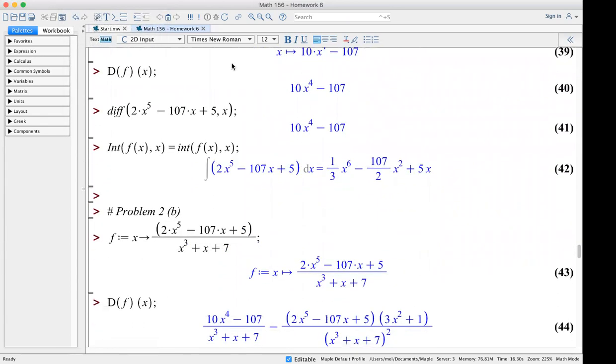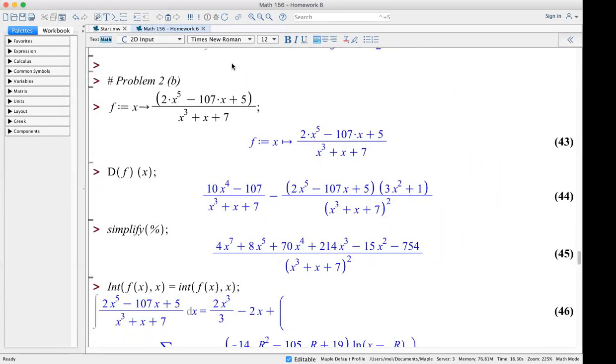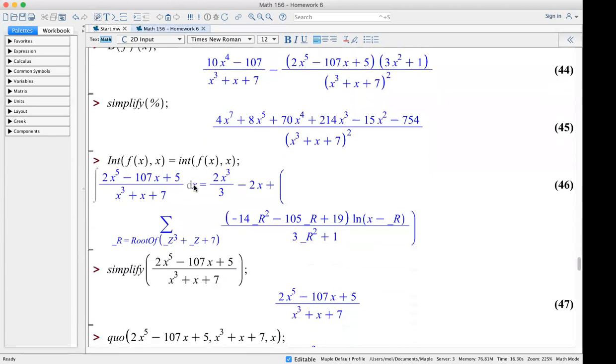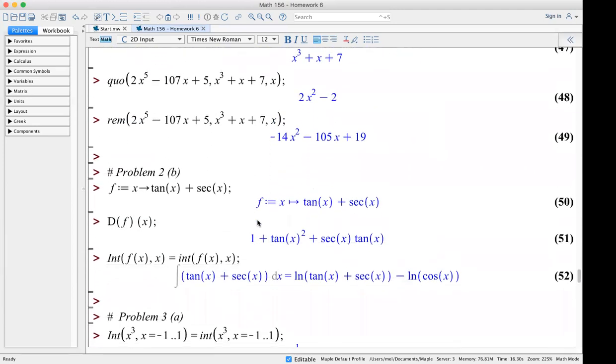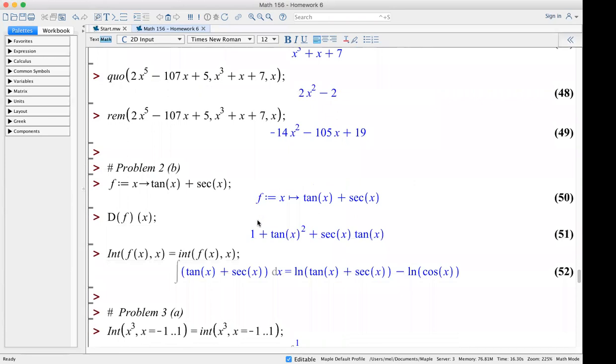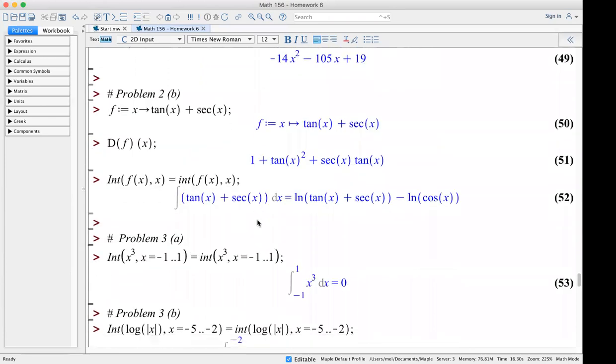All these problems are the same. You know how to differentiate, you do it. You know how to integrate, you do it. This integral, you get something complicated, which simply means not every integral is possible to do, and this one can't be done. Here's the derivative and integral of tangent plus secant.